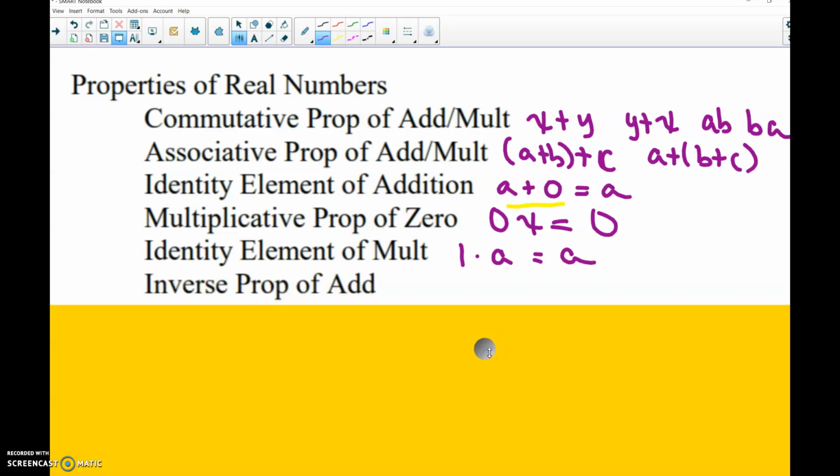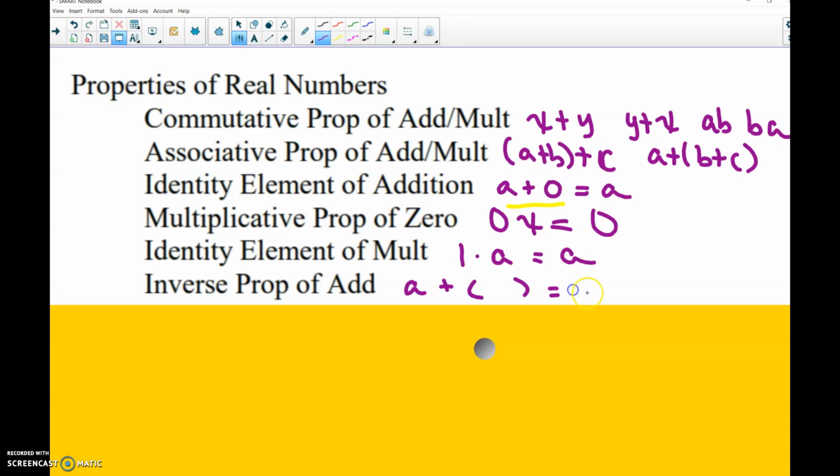All right, next one, the inverse property of addition. So if you have a value, we're going to call it A as a variable. What could you add to A for any value of A that would result in getting rid of that value? So if you have A plus something to result in it going away because it's the inverse.